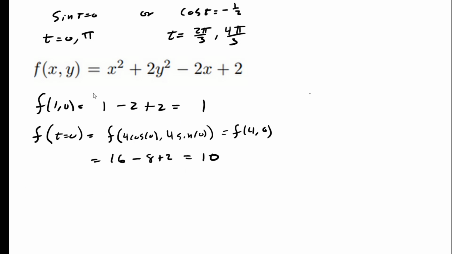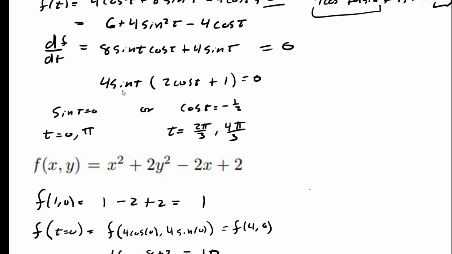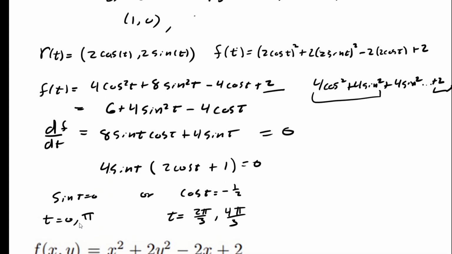We can do the same thing for pi. And also, when I'm doing these, I could just plug t in to each of these, but I feel like that would be more work right now.